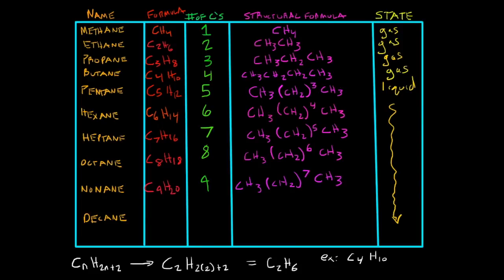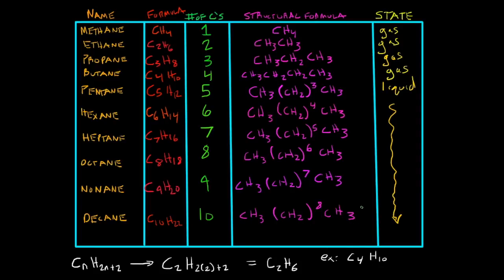And the last one is decane. We have 10 carbons, 22 hydrogens, and the formula is CH3, CH2 to the 8, and CH3.